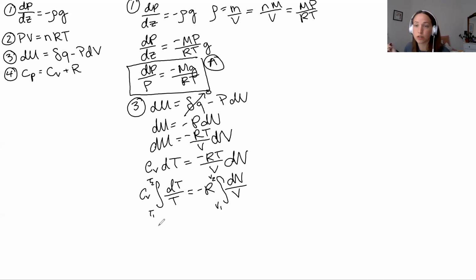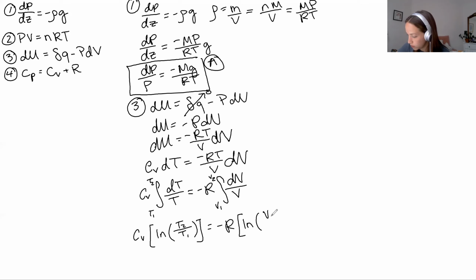Now I'm going to evaluate these integrals, which will both be natural logs. So this one will be the natural log of T2 over T1. This one will be the natural log of V2 over V1. Then I'm going to divide both sides by specific heat, and due to natural logarithm laws, we can raise that right-hand side to negative R over CV.